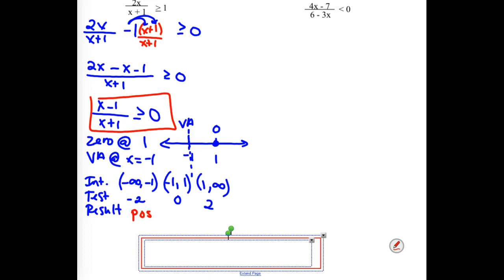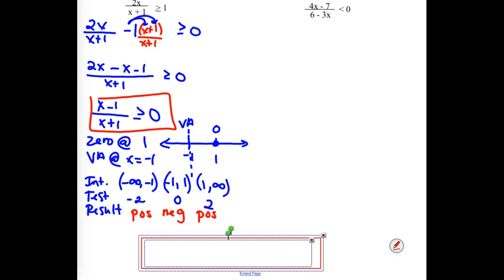Okay, dumping 0 in, we end up with -1 over +1. So negative. Plugging a 2 in, numerator becomes positive. Denominator becomes positive. A positive divided by a positive is positive.